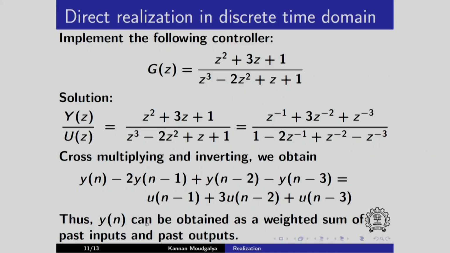So y of n can be obtained as a weighted sum of past inputs and past outputs. All that you have to do is to remember the previous u values and previous y values, and you can get an expression for y of n directly.